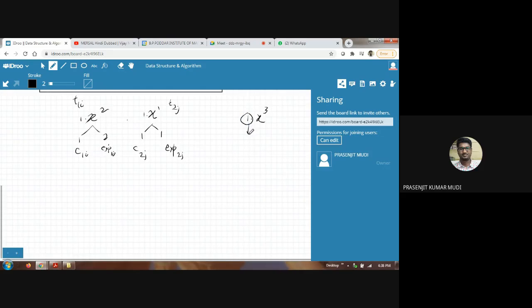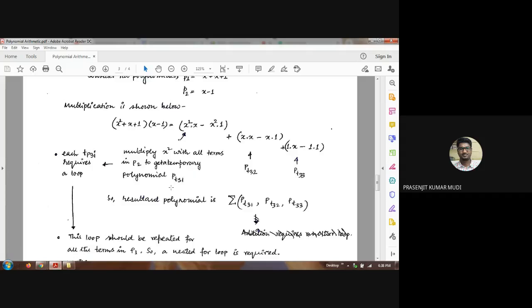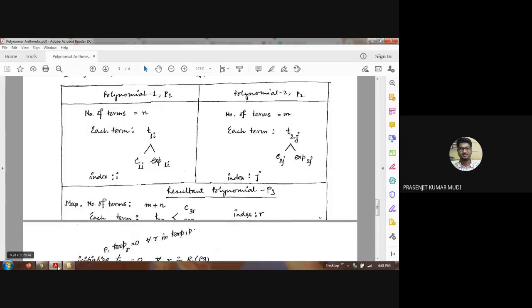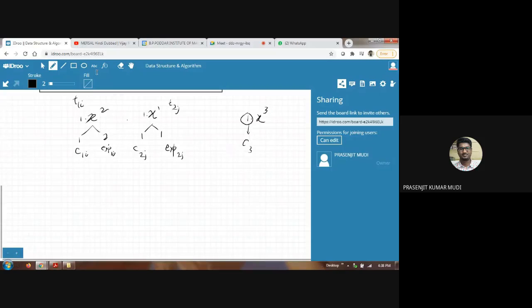This is your C3, and the notation is a temporary C, and then the exponent. What is the exponent? exp.